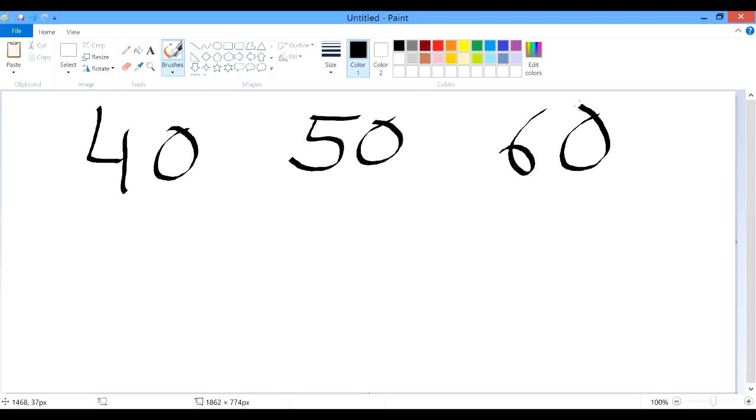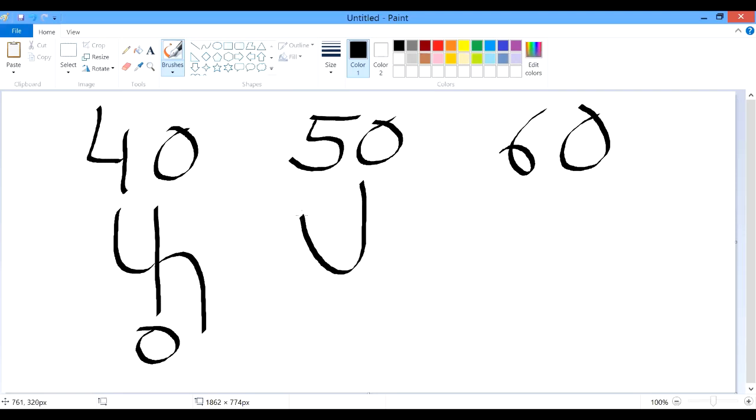Okay, so 40 actually looks like 4, and then 0. And then 50 and 60, with ga, looks like ga, and then this 40, 50, 60.